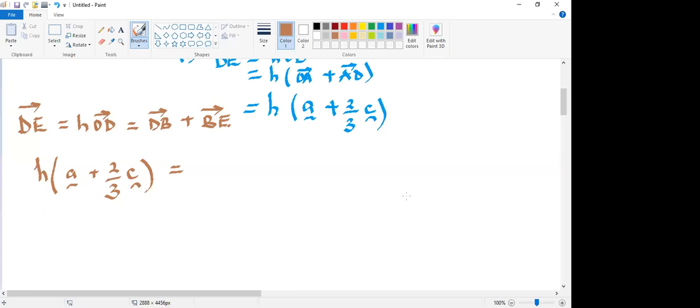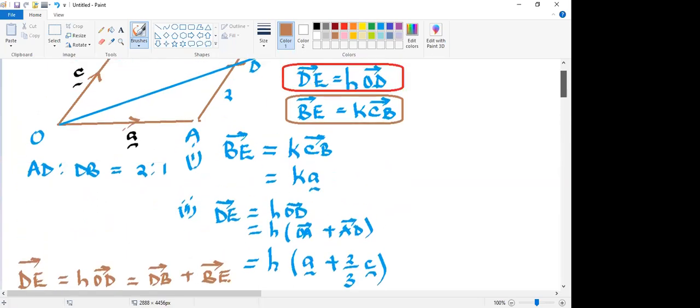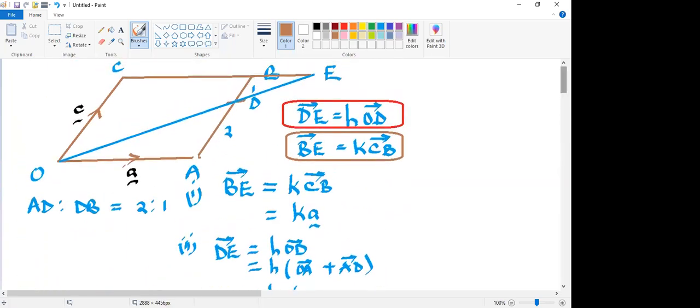You can get it from the picture. What is DB? It is 1 over 3 of AB, isn't it?